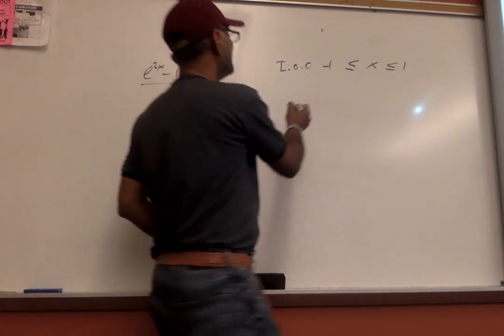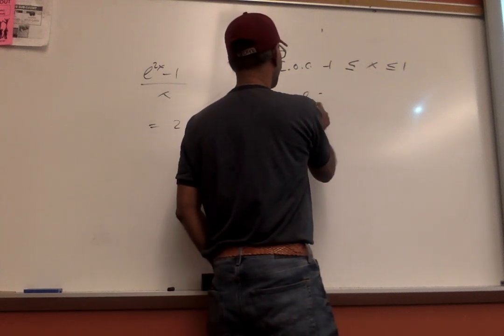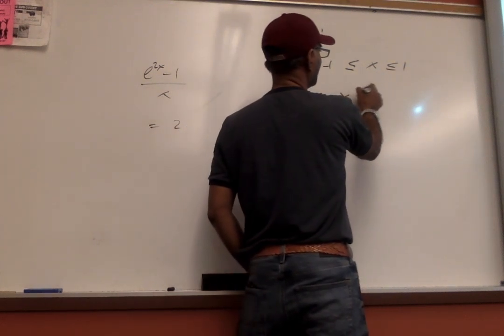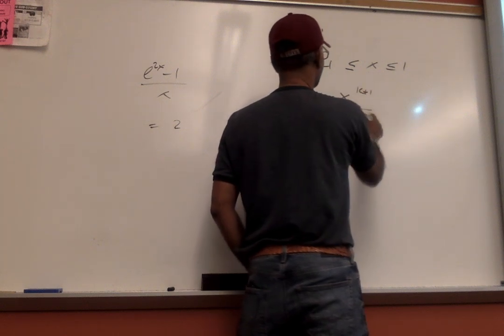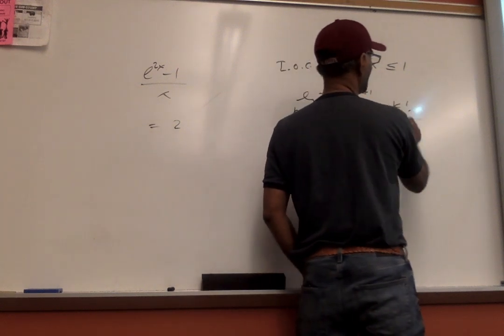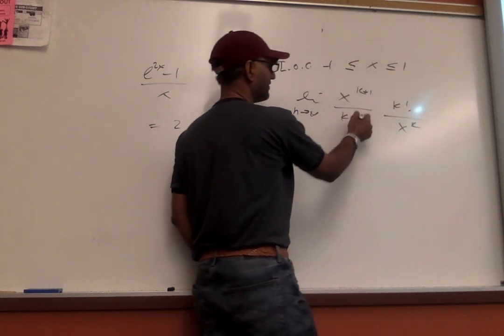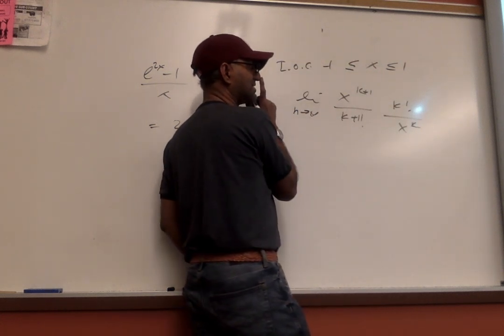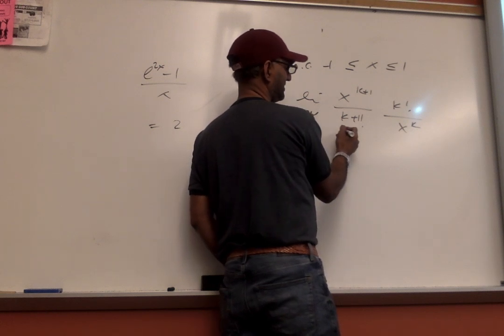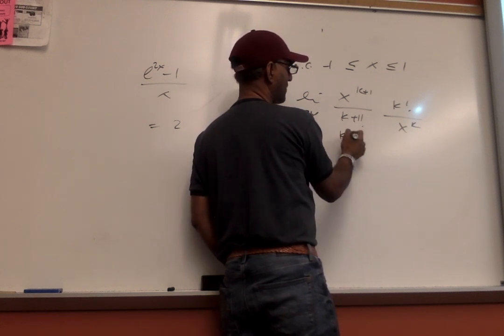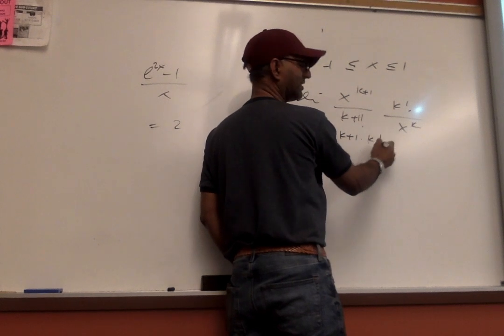The ratio test. So limit k approaching infinity, x to the power of k plus 1 over k plus 1 factorial times k factorial over x to the power of k. And for those of you who've forgotten, I can write k plus 1 factorial as k plus 1 times k factorial. See, that comes back.